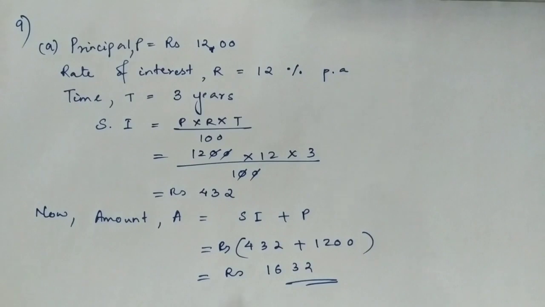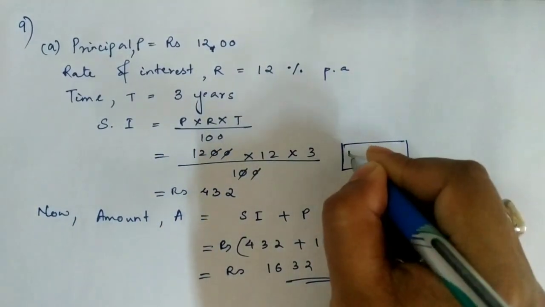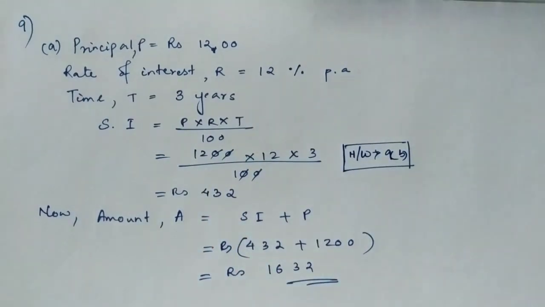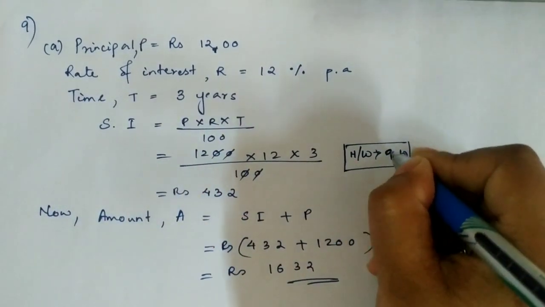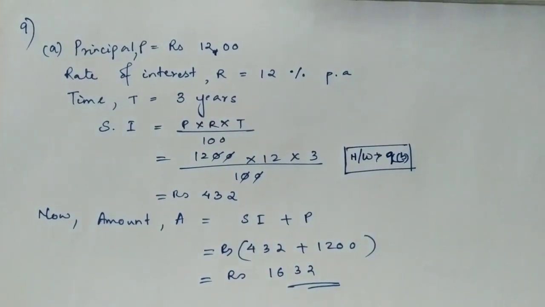So you can try the next question, question number 9b, as your homework. Only the time period is the same, but the principal and rate of interest are different, and you have to find out the amount.